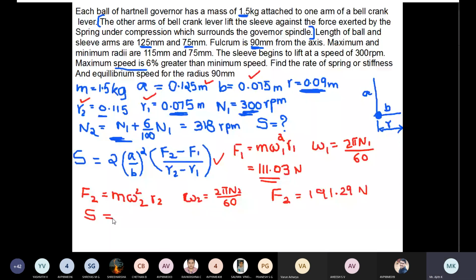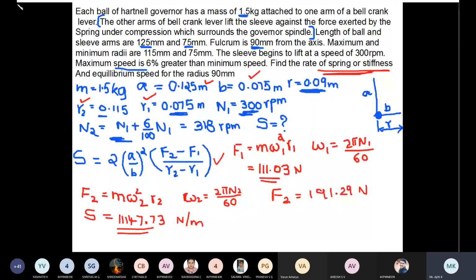The S value you will get is 11,147.73. The unit of spring stiffness will be Newton per meter. So that completes the first sub question: calculate the rate of spring or stiffness of spring.